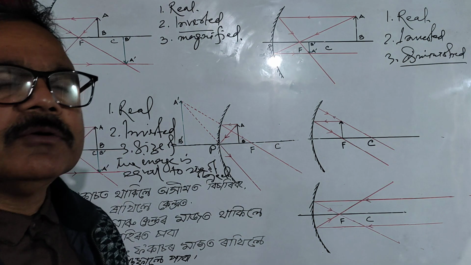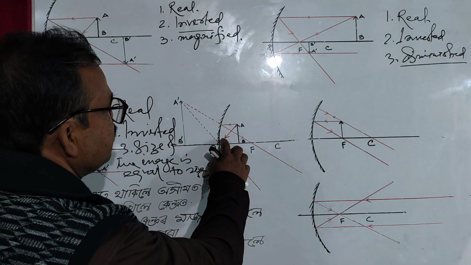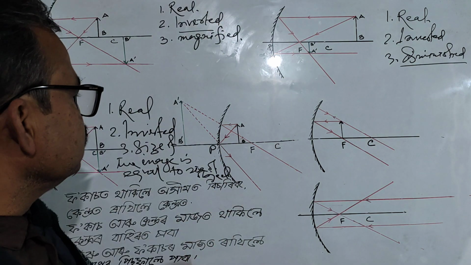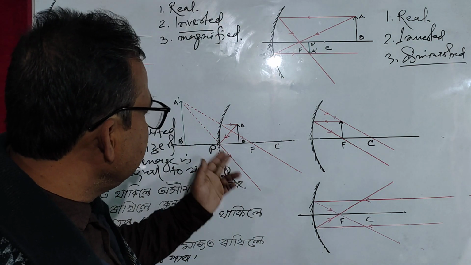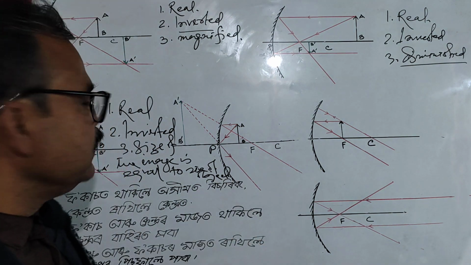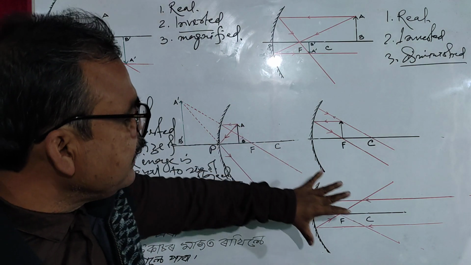You know that the angle of incidence is always equal to the angle of reflection, so this angle must be equal to this angle. By obeying the laws of reflection, this particular ray will pass this way after reflection. Is it clear?